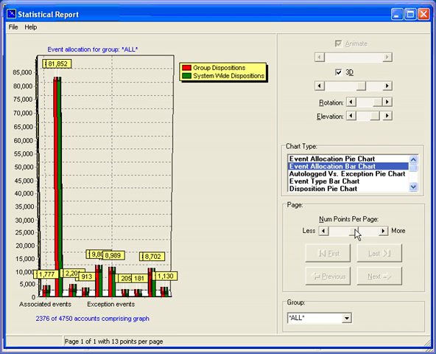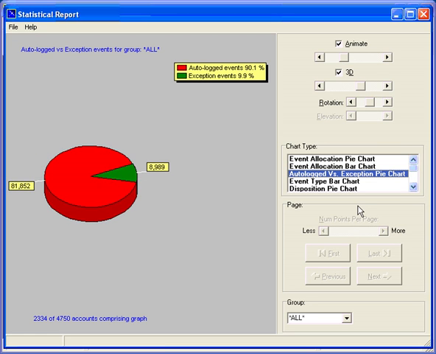Now let's get to some more important parts. Auto-logged versus exception events. This is extremely critical because this tells us of a total, let's say, for speaking purposes, of 100 signals that came in, 90 were automatically handled by the SIMS 2 monitoring software, whereas only just below 10% were exception events and required some sort of operator action.